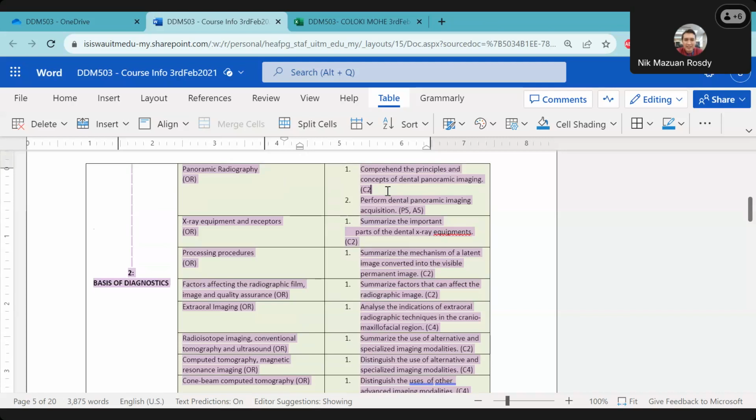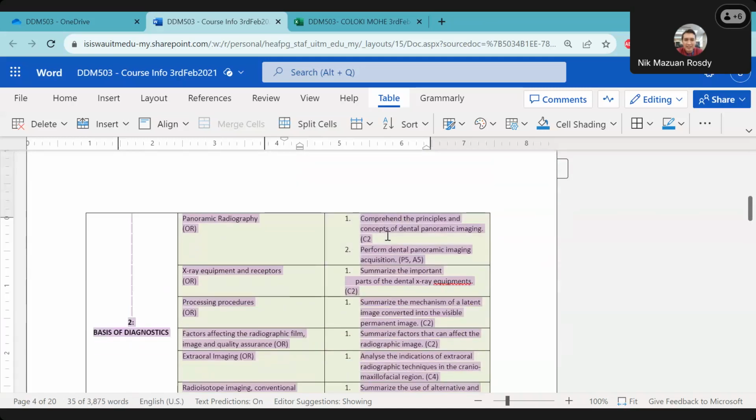That's why I showed earlier two documents that you don't need to worry too much about, which are the CAP and the CLO-SLO mapping. That is what I'm trying to say later on. So here, if I map this topic to CLO number 2, which is perform, C2 actually can't work. It must have perform, it must have psychomotor only. But because this can map to two CLOs, if it's one topic, you can actually map to more than one CLO, because sometimes you have a knowledge component and a practical component.